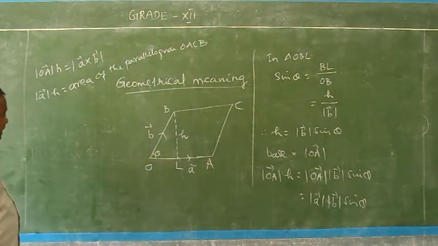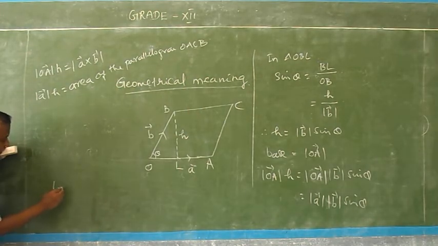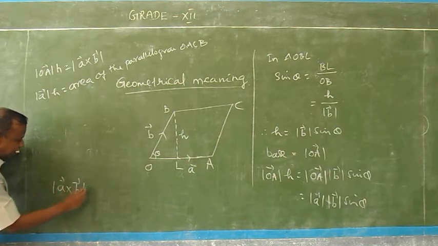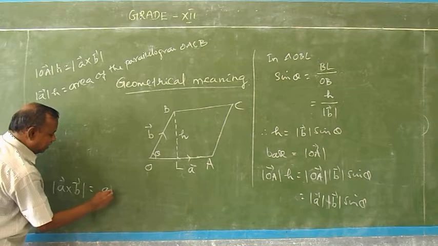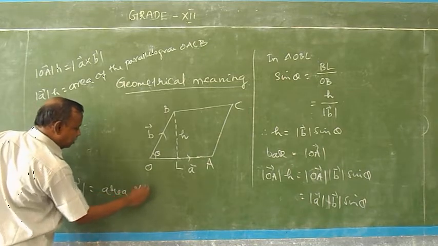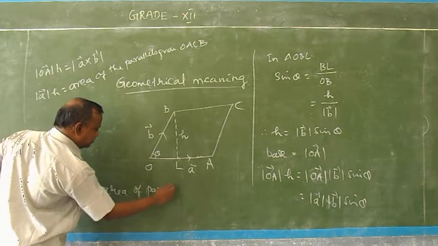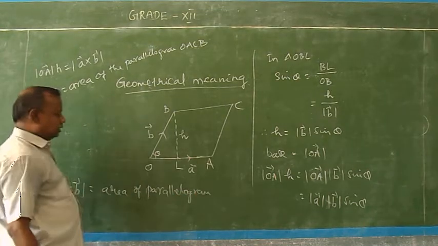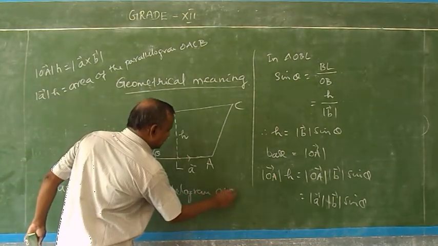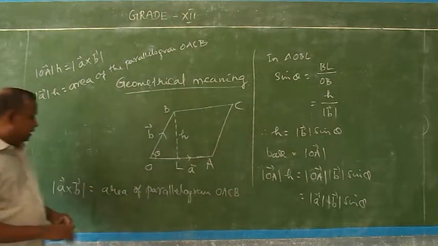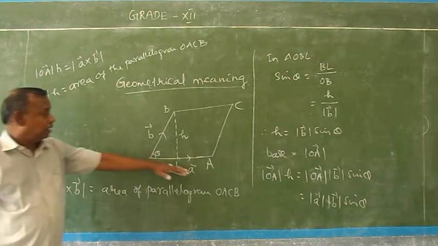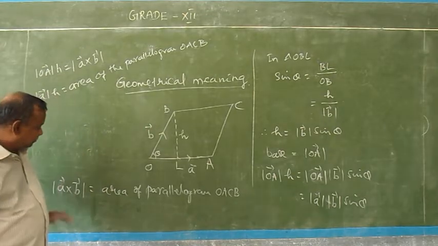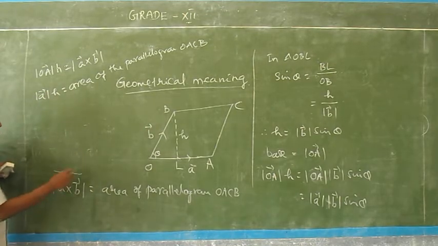Therefore, geometrically, modulus of A vector cross B vector is the area of parallelogram OACB, where A vector and B vector are adjacent sides of the parallelogram OACB.